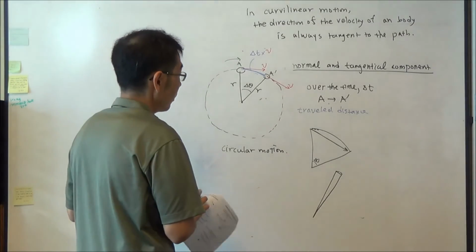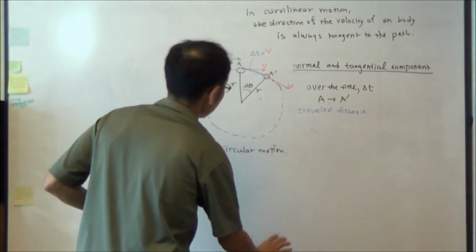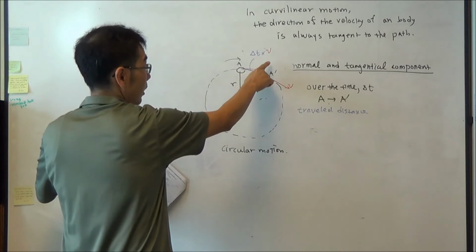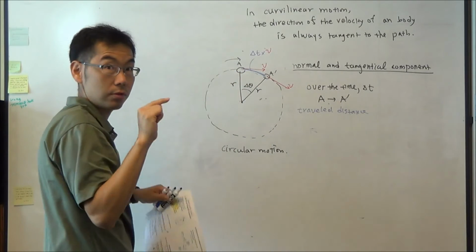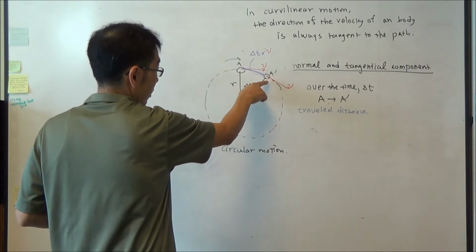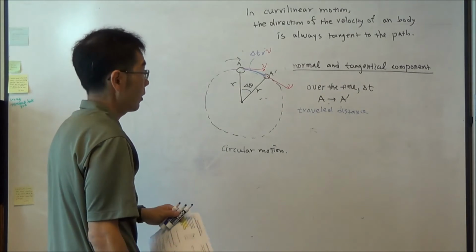So for simplicity we just take the travel distance as the velocity times delta t. So I know the length of this part, which is v times delta t.